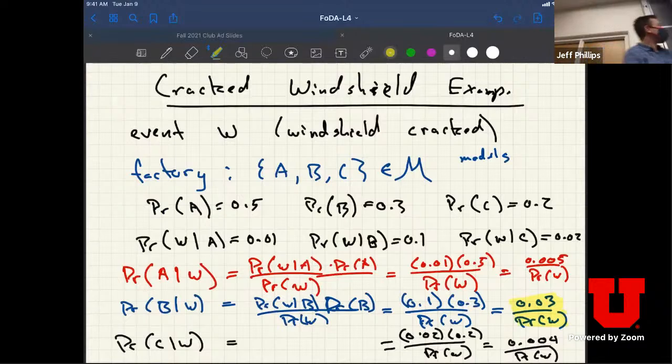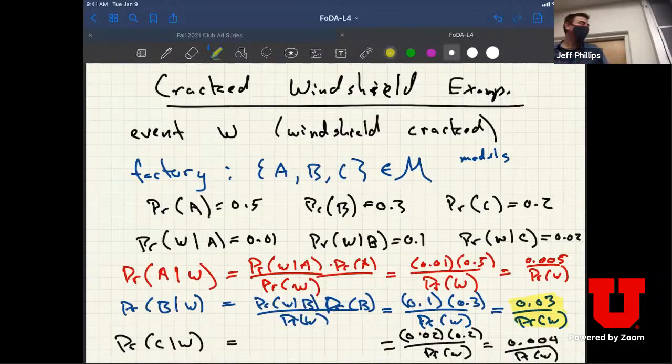So I know that these 3 probabilities, 0.005 over probability W, 0.003 over probability W, and 0.004 over probability W, when I add those up, have to equal 1, so I can then solve for probability W. Okay, so you can figure this out. In general, we'll have an infinite space of models, and figuring out how to do this is non-trivial.